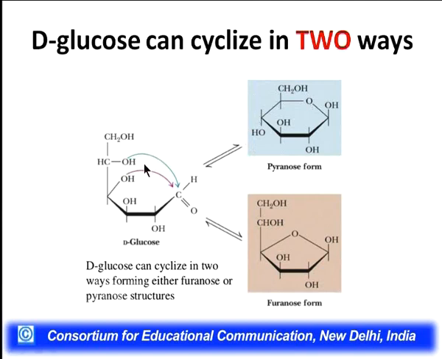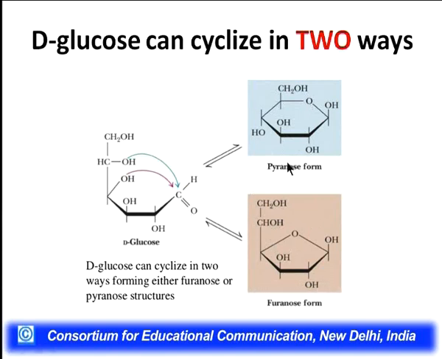The other alternative is that the OH on the fourth carbon reacts with the carbonyl group, resulting in the formation of the five-membered ring. So glucose can exist in two forms, the six-membered ring and the five-membered ring.